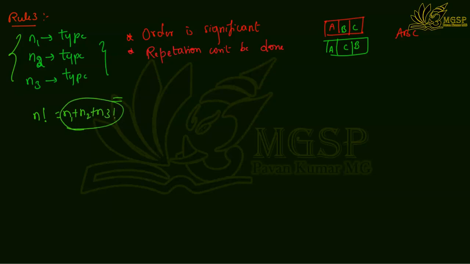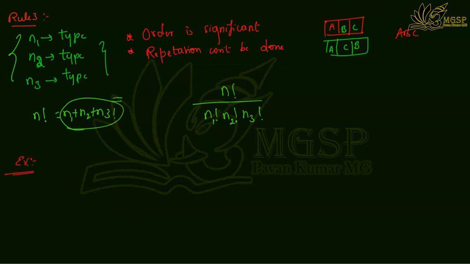So this is the total number of elements, that is n factorial divided by the individual kinds: n1 factorial, n2 factorial and n3 factorial.